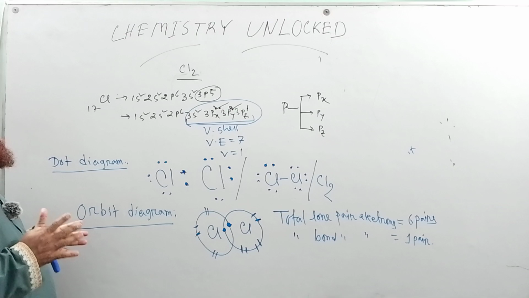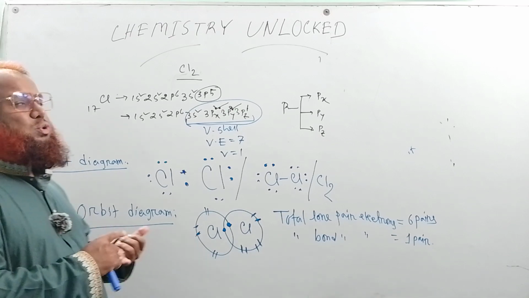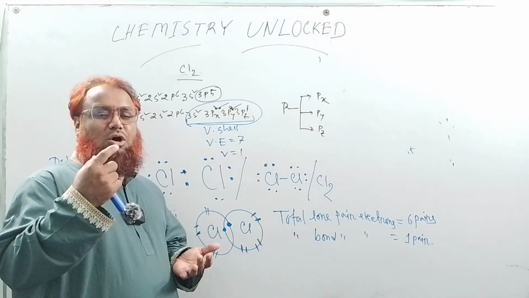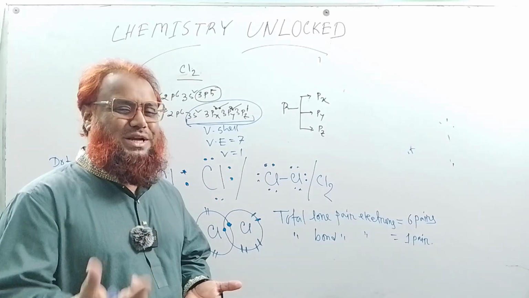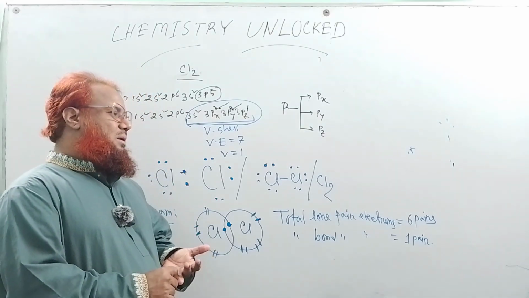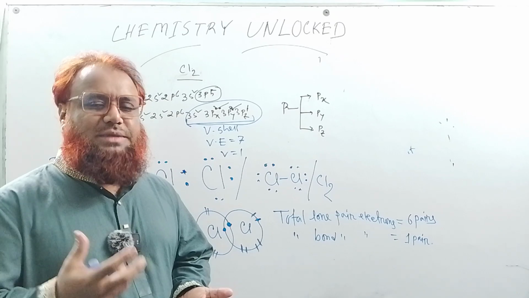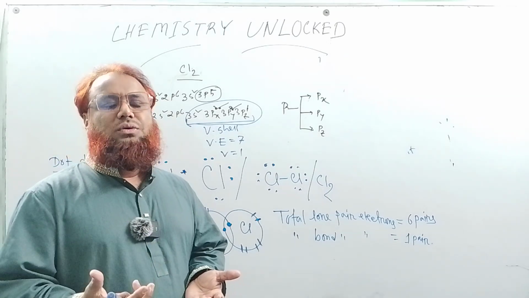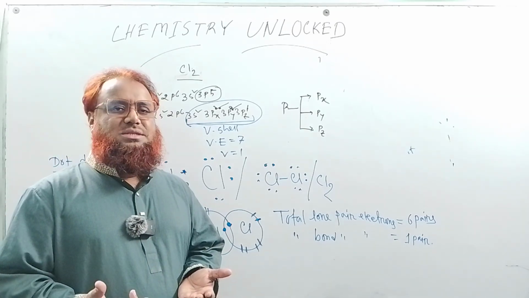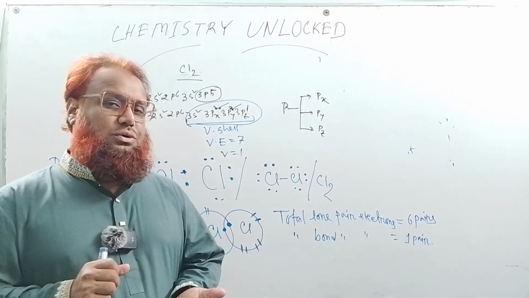Now we have to explain two rules, that is the octet rule and the duet rule. To get the stability of the molecule, they may follow some rules, that is the octet rule.